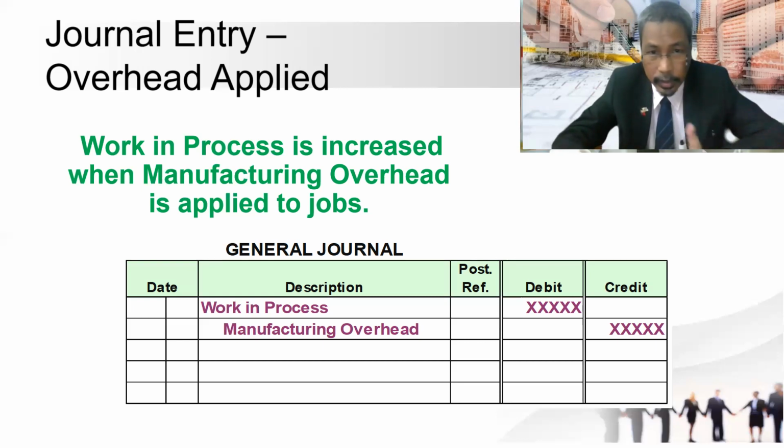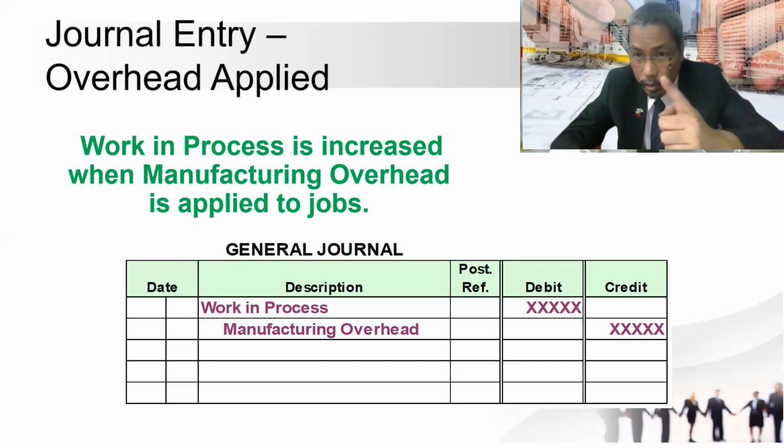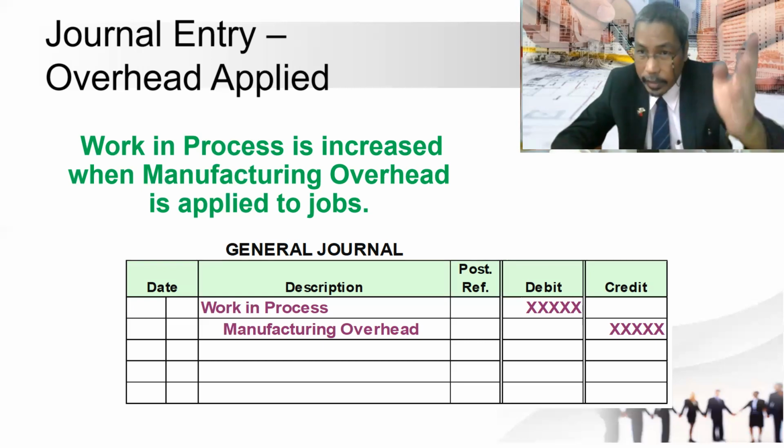Work in process is increased when manufacturing overhead is applied to job. So work in process will increase, therefore it is debited. Okay? So we already know the rules of debit and credit in financial accounting. So you can just watch our video lecture for that specific knowledge.